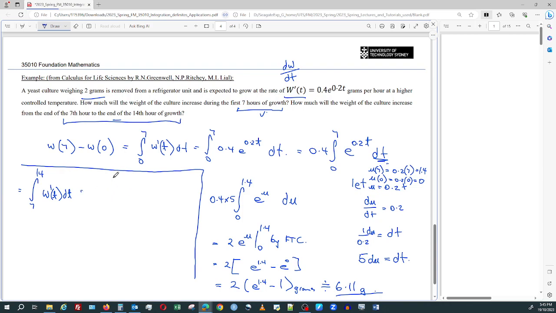Now I could miss a lot of working here, but ostensibly, is anything going to change up to this point? So up to this point, the things that will change are the limits of integration, because we're going to have 7, which will become 14, and we've got to check 14. u at 14 would be, I'm being a bit cheeky not laying this out, 0.2 times 14, so it's 20% of 14. 10% of 14 will be 1.4, so it's 2.8.